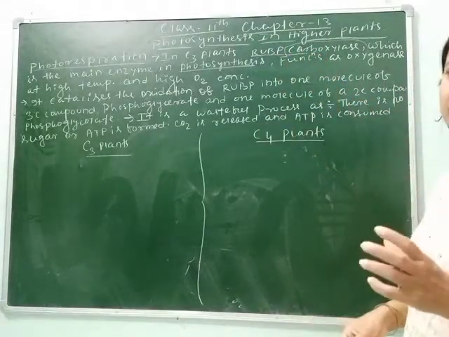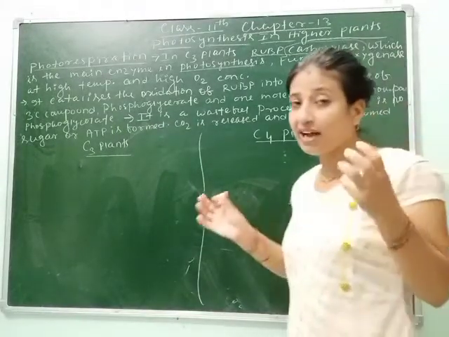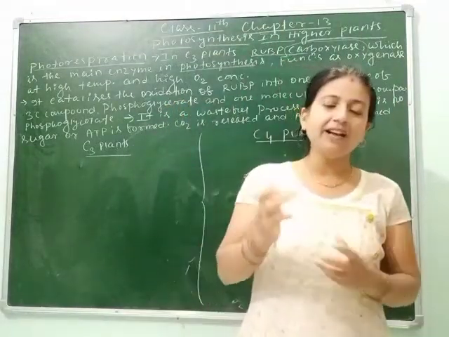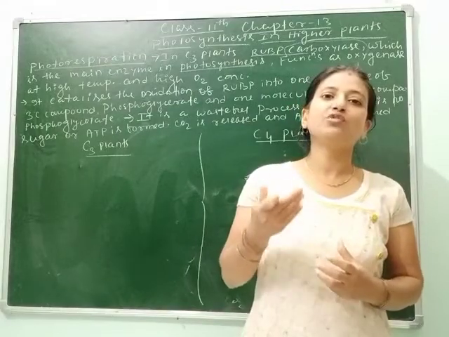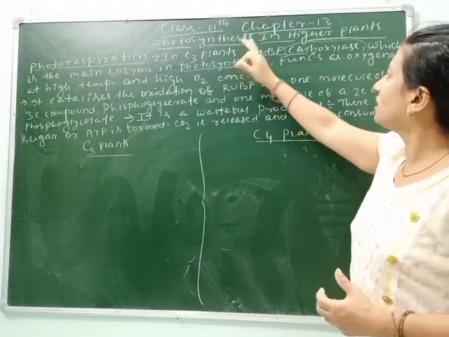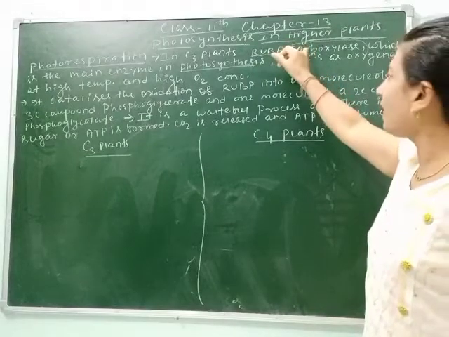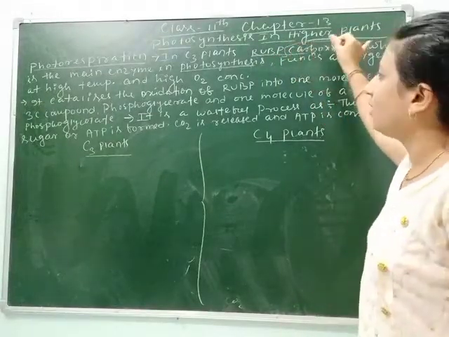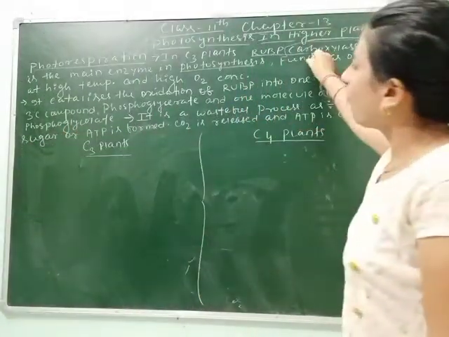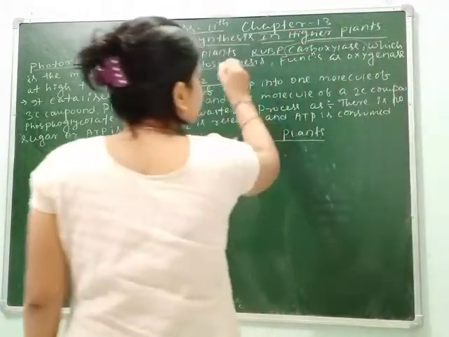As you know, during photosynthesis the amount of carbohydrate or sugar depends on the amount of carbon dioxide. If carbon dioxide fixation is more in the plant, then the product we get is rich in sugar or starch. So during photosynthesis the main enzyme that works is RuBisCO, which fixes carbon dioxide, but it functions as oxygenase at high temperature and high oxygen concentration.